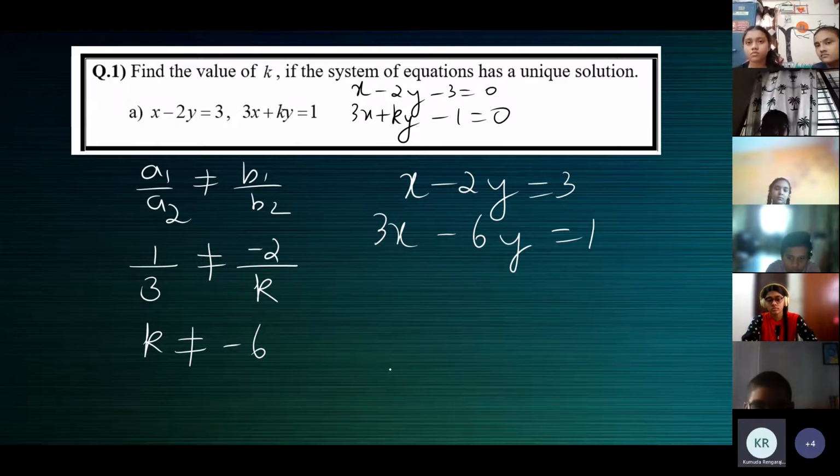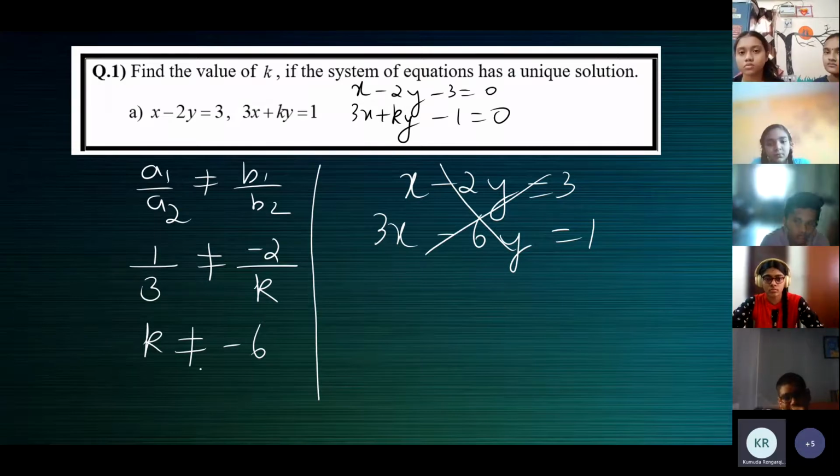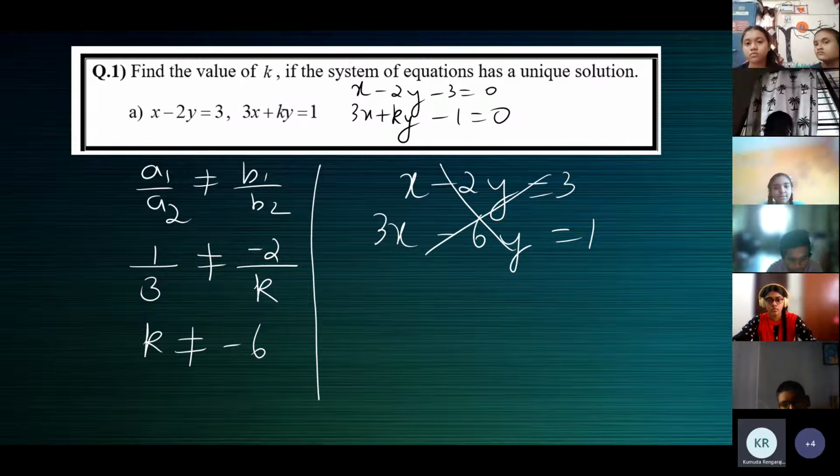This checking is not required, I'm just telling you. This working is what is required. K is not equal to minus 6. For any real value, rational numbers, irrational numbers, other than minus 6, the given system of equations will have a unique solution.